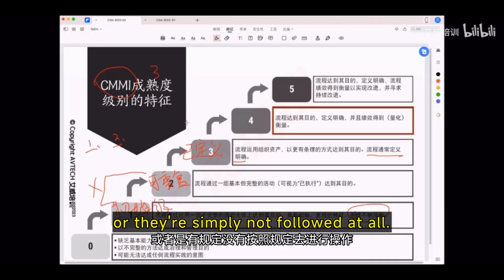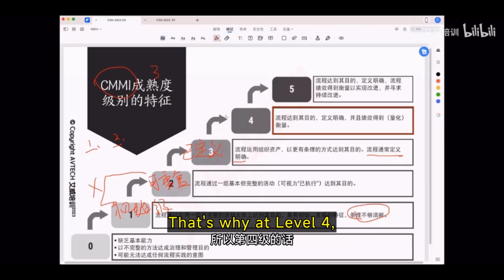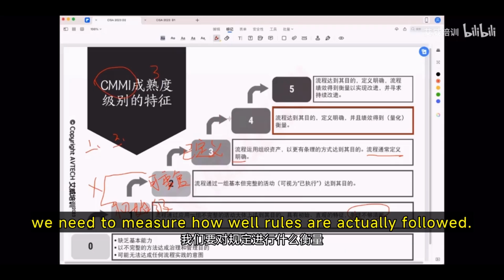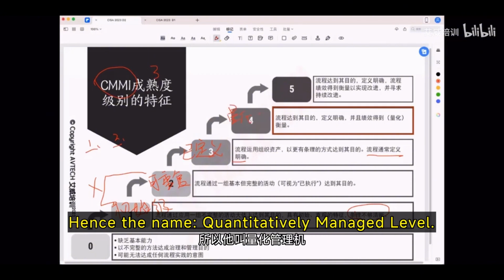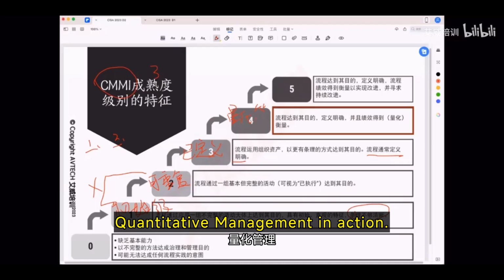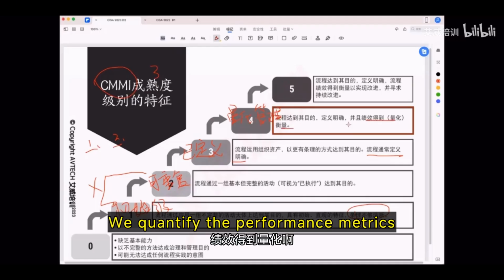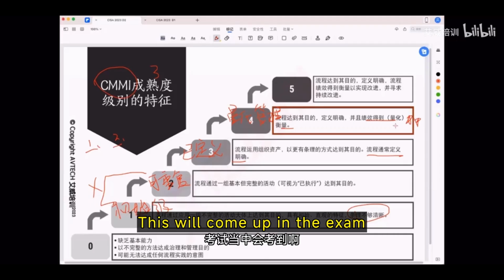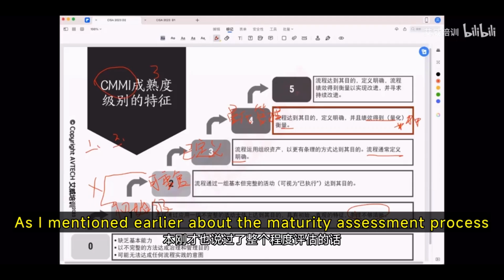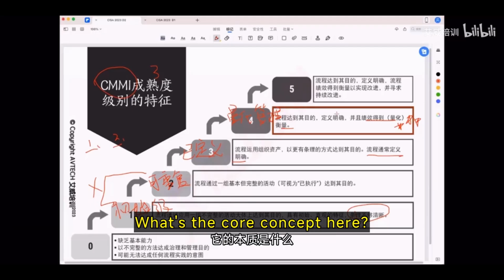they're simply not followed at all. That's why at level 4, we need to measure how well rules are actually followed, hence the name quantitatively managed level. Quantitative management in action, we quantify the performance metrics. This will come up in the exam. Quantitative management, as I mentioned earlier about the maturity assessment process, what's the core concept here?